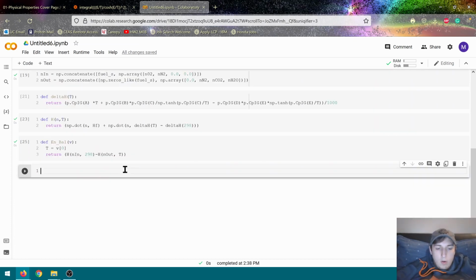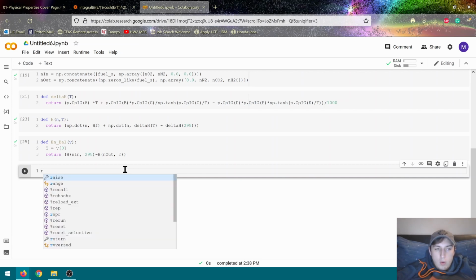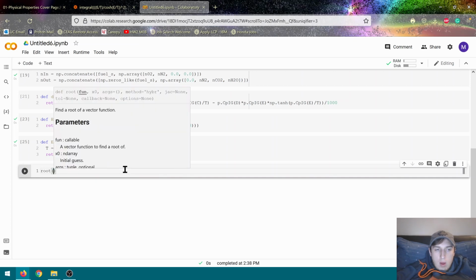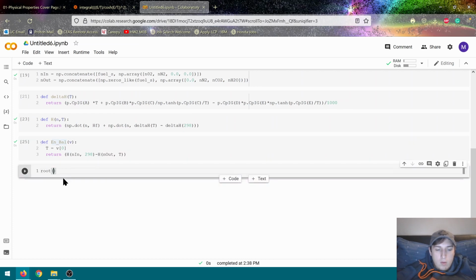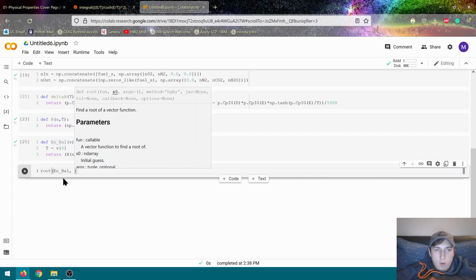So now we're going to use our root solver. So we're going to say root, and the function we're going to want to use is our energy balance, en_val, and we need to set our initial guess.